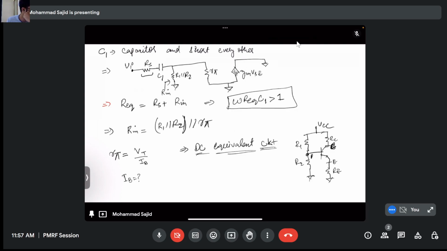This is correct. So let's apply a KVL through this region because VBE on is given to us. So how will it look?